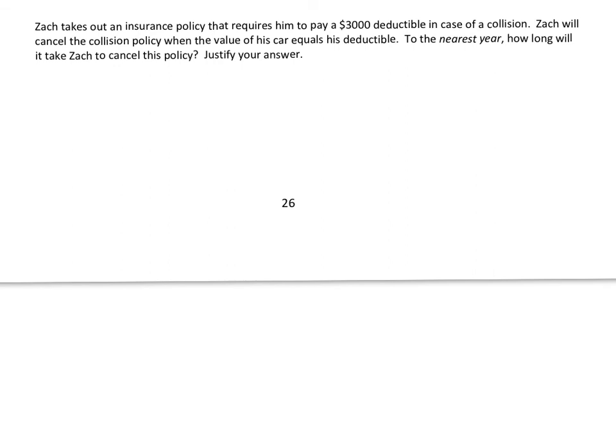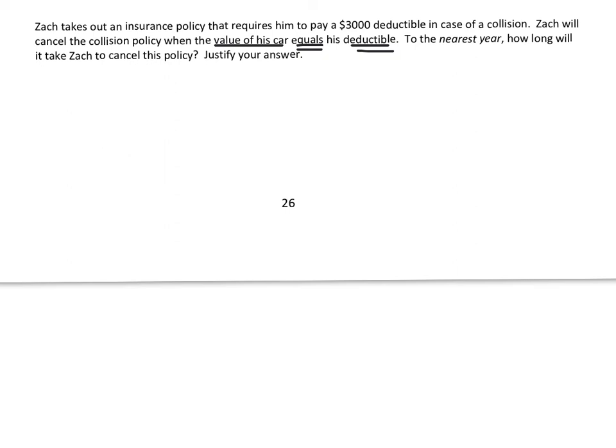And then finally the last part. Zach takes out an insurance policy that requires him to pay a $3,000 deductible in case of collision. Zach will cancel the policy when the value of his car equals his deductible. We know that v of t represents the value of his car.